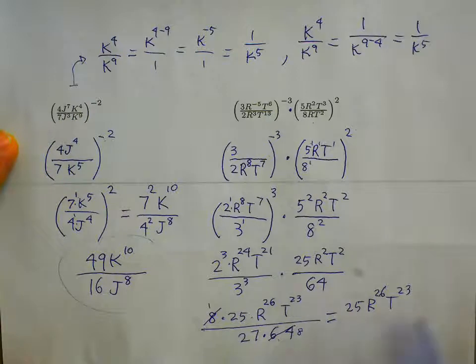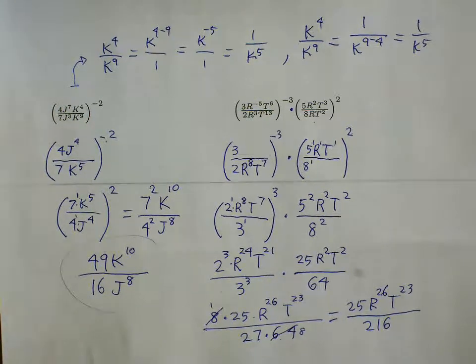The numerator is as simplified as it can be. And the denominator, 27 times 8, 160 plus 56 is 216. Okay, so that's as simplified as we can get. 25 over 216 can't be simplified any further.